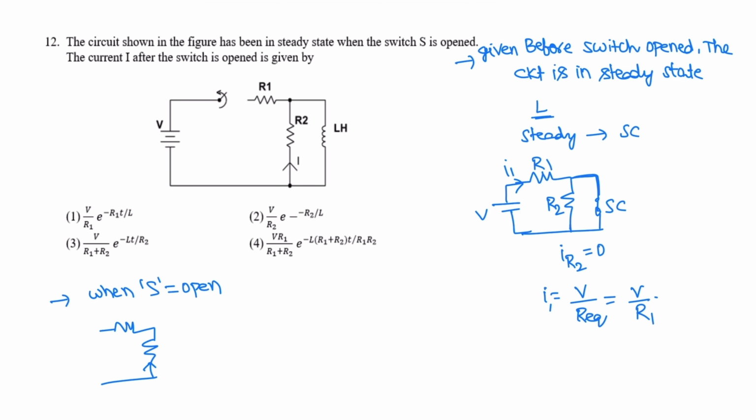This is the current I as per the circuit diagram, and this is the inductor. The equivalent circuit will be, when switch S is open, we can remove resistance R1. Here it is open circuited, so there is no use of resistance R1. Resistance R2, inductor.